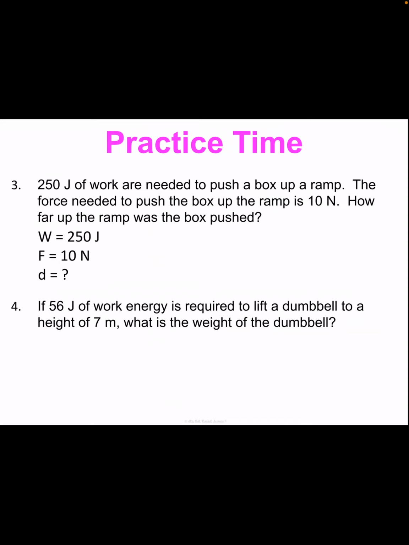All right, so for this one, it's best to use the triangle. You cover up distance, and then you can visualize that as W over F. So W over F, W divided by F. So go ahead and write that out.